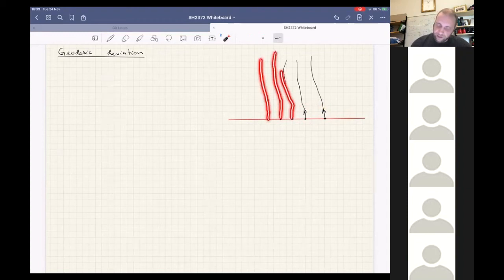So this creates this family of geodesics. So if this was a curve now in this spatial surface, this family of geodesics is going to create a two-dimensional sheet in the space-time.